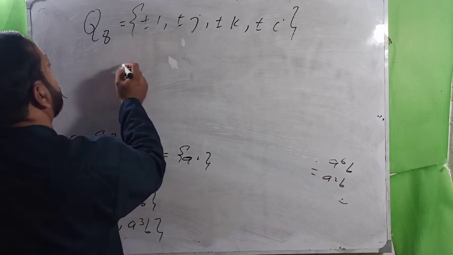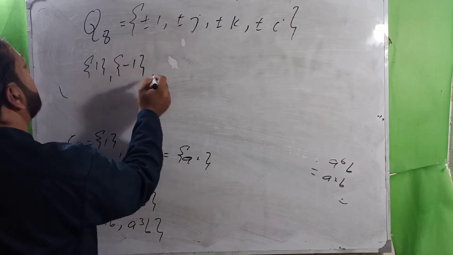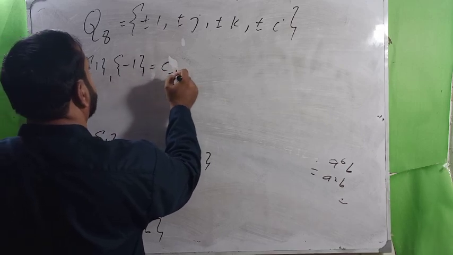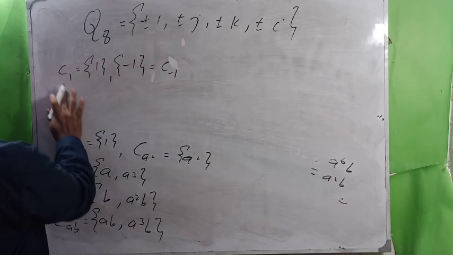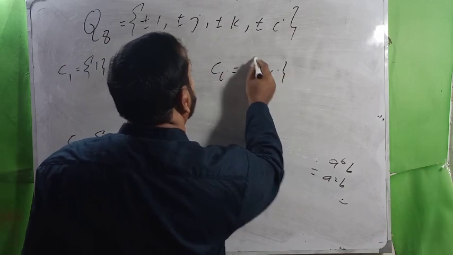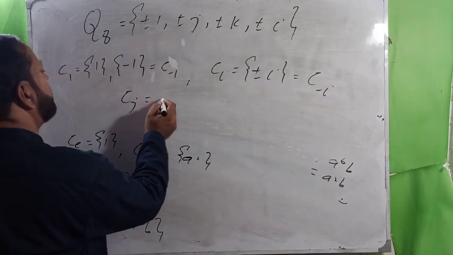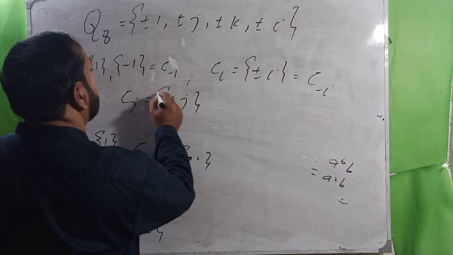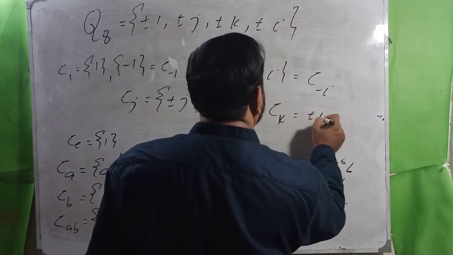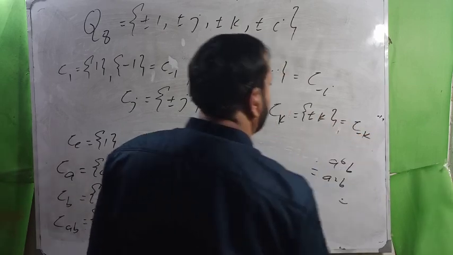One is C1, second is C minus 1, then C i, which is equal to plus minus i, this is also equal to C minus i, and then C j, which is equal to plus minus j, this is also equal to C minus j, and then C k, which is equal to plus minus k, which is also equal to C minus k.